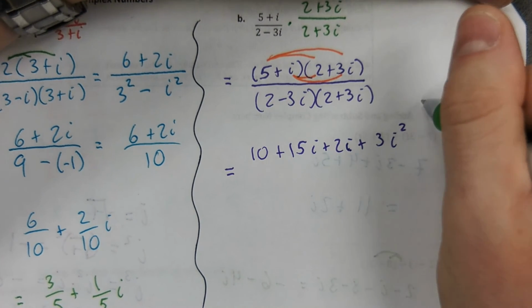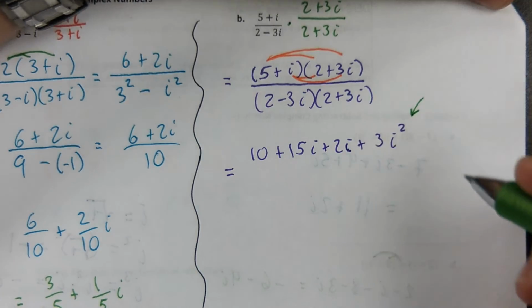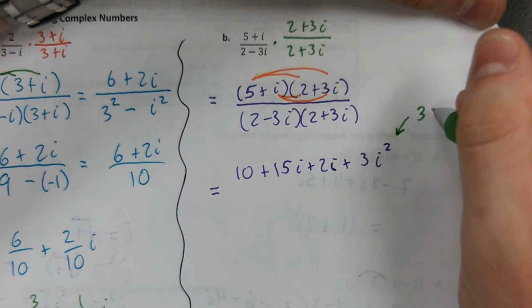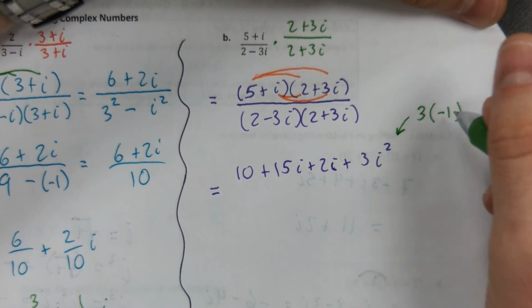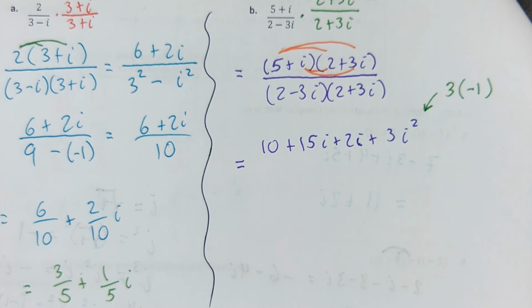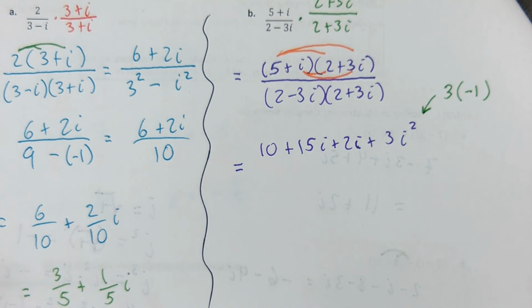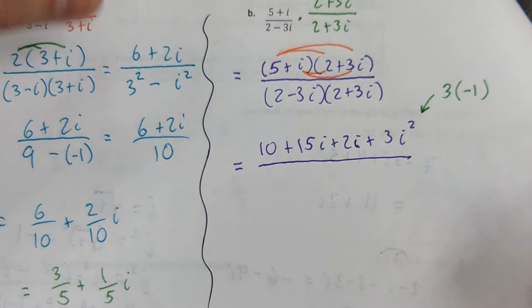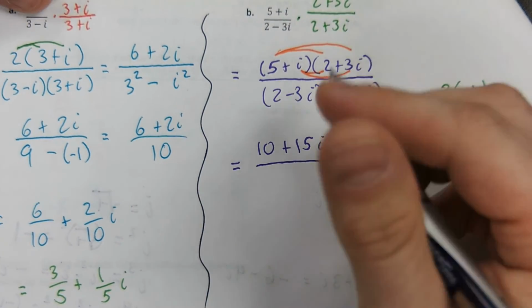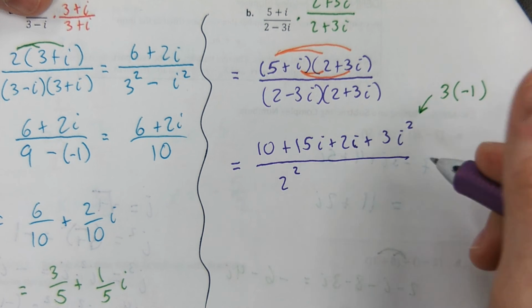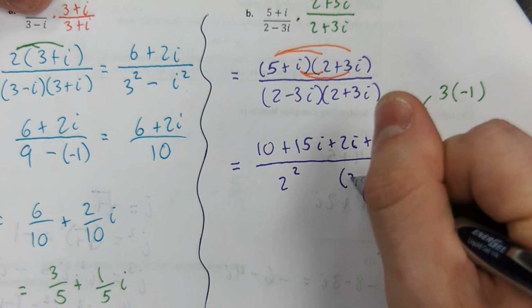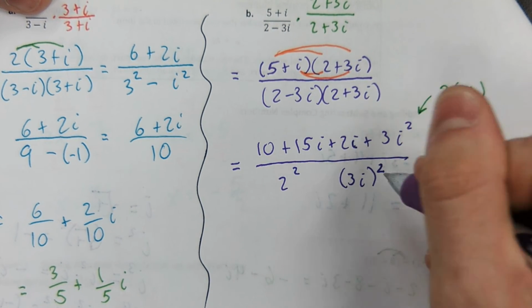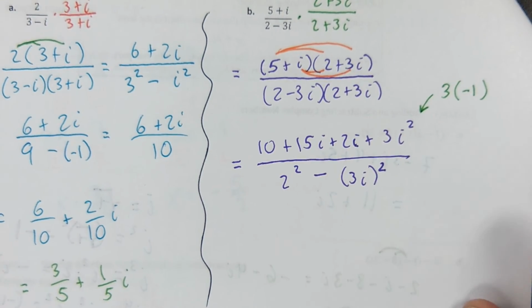And remember that 3i squared is actually you saying 3 times -1. In the denominator, square the front term, square the back term, put a minus sign in between.